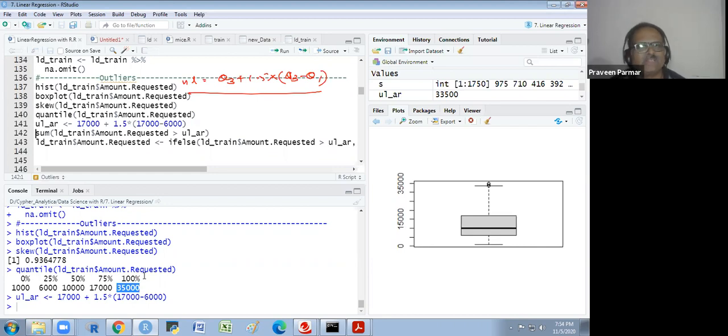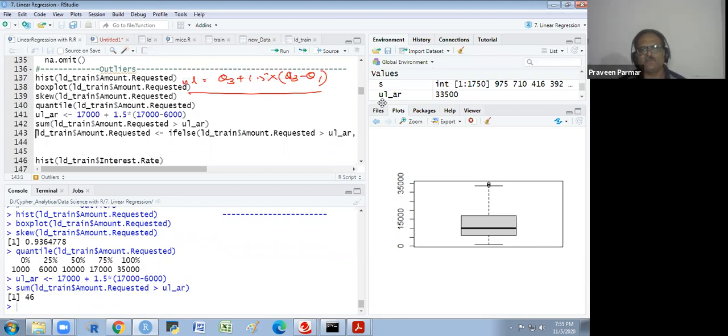So we see how many values are greater than our upper limit. So I take the sum of LD underscore trend dollar amount requested greater than ULAR. I see there are 46 values which are outliers. Got it? Any doubt?